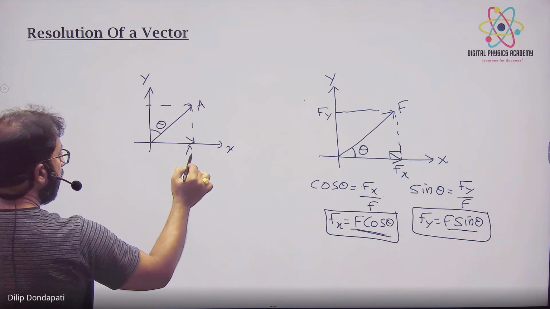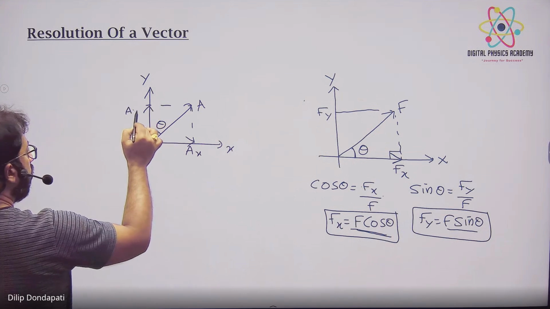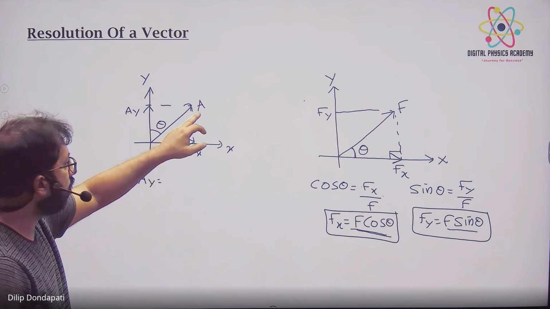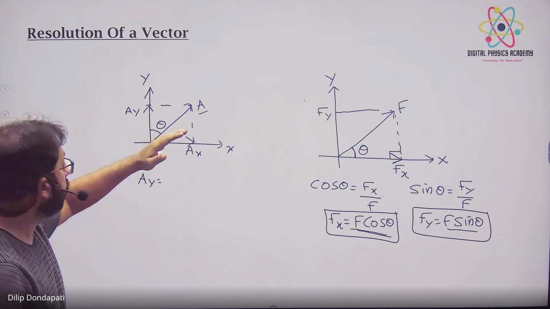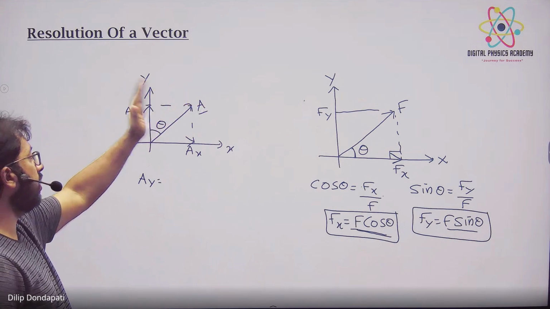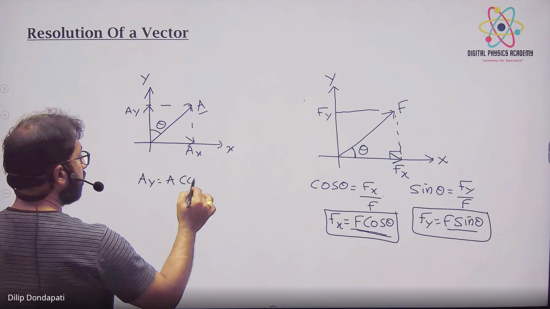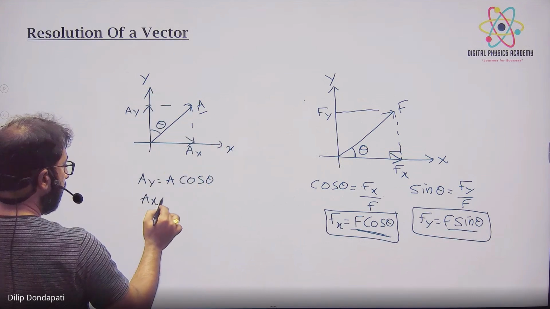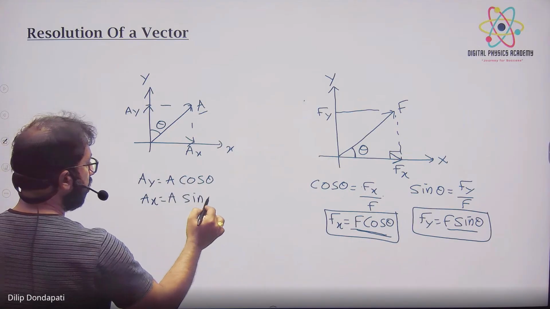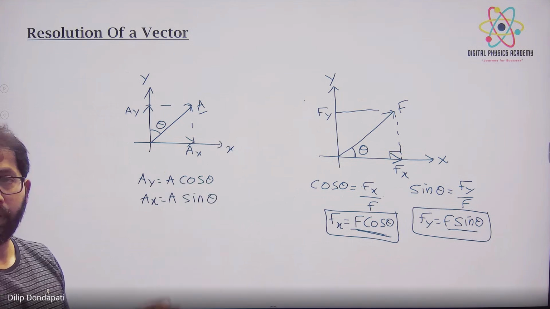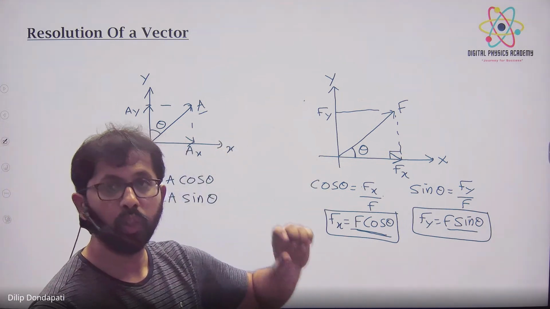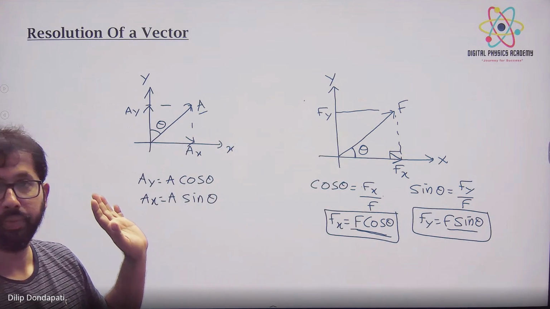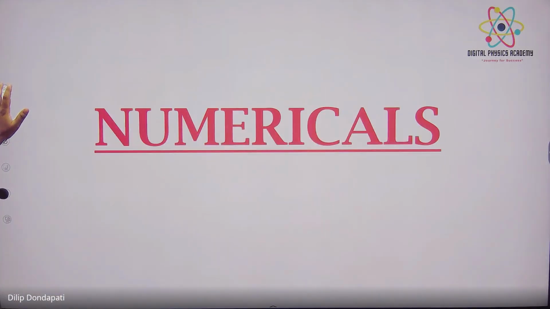What is Ay? A cos theta. Which vector is it? It is A. Theta is along the y direction, so you get A cos theta. In that direction cos comes, and in exactly the opposite direction, the perpendicular component, Ax is sin theta. Wherever theta is there, in that direction it is cos theta of whichever vector is given, and its perpendicular will be sin theta.